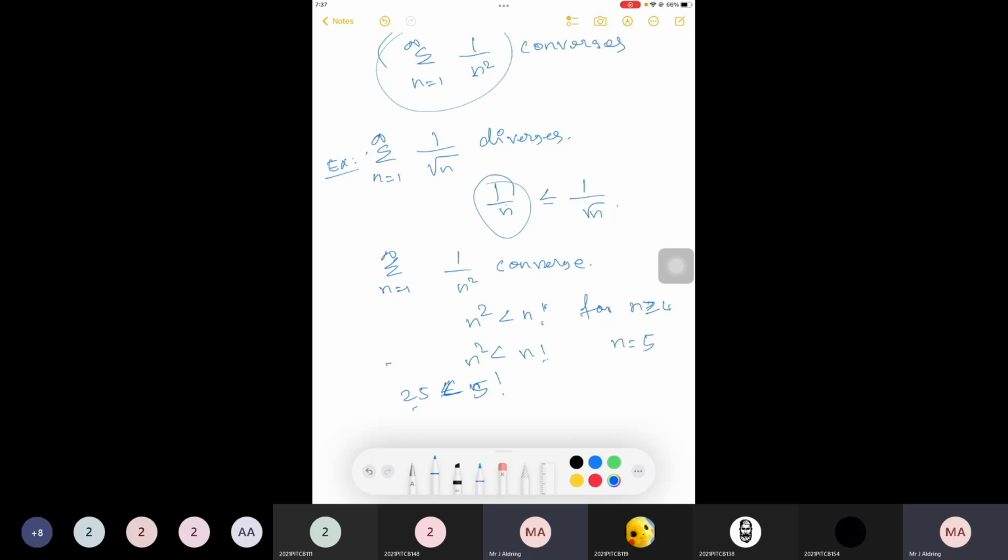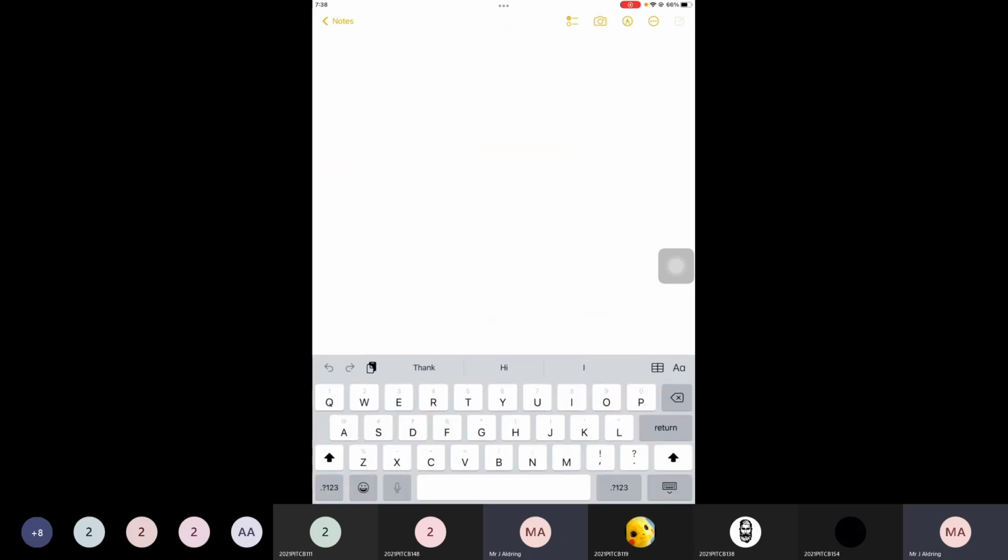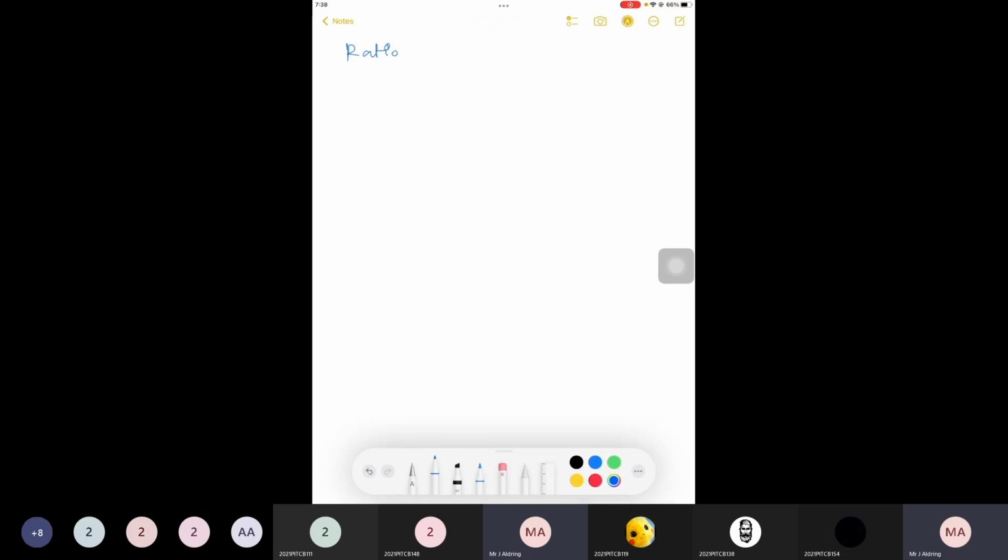Now we have another test, the limit comparison test, and we will see the ratio test. For the ratio test, first consider a series, summation n tends to infinity of an, where an is not equal to 0 for all n.